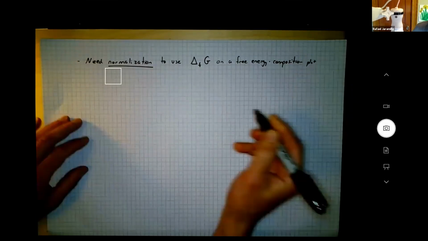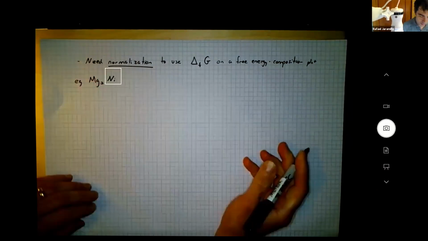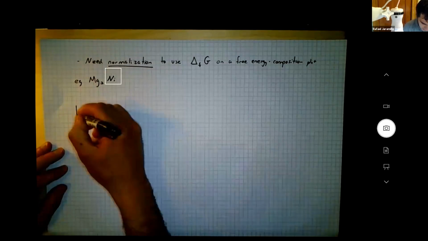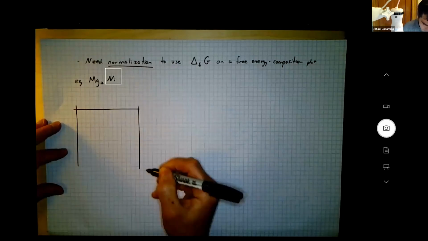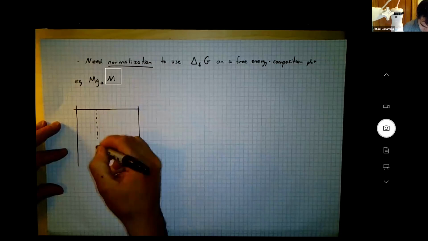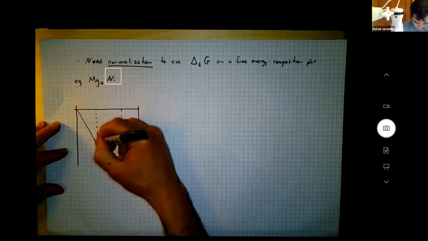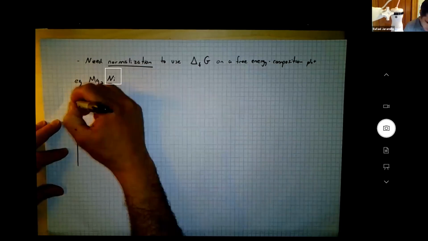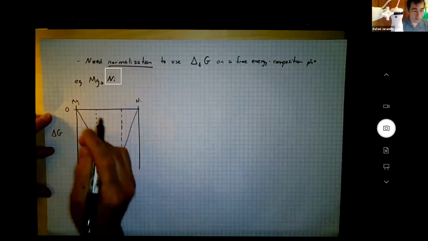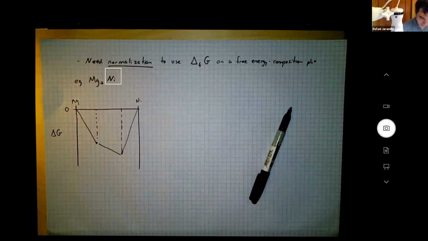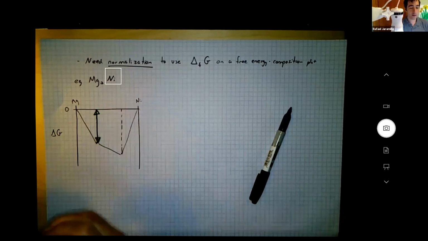Using the example of magnesium 2 nickel, I'm going to redraw the free energy composition plot quickly. What I want to figure out is what size that vertical distance should be.